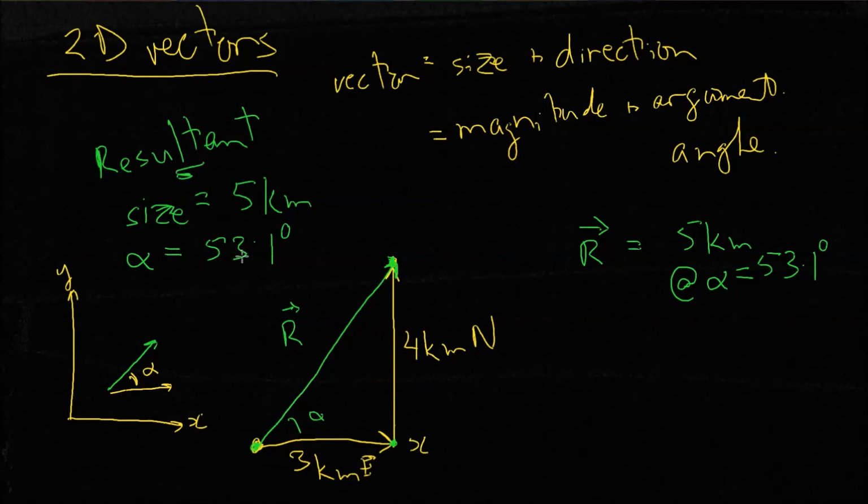So now let's look at that in a bit more detail. Let's continue this example to see how we would add multiple vectors together this way.